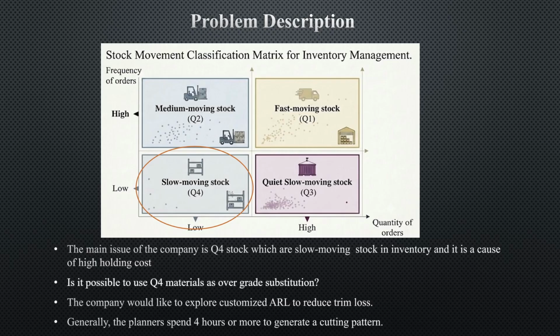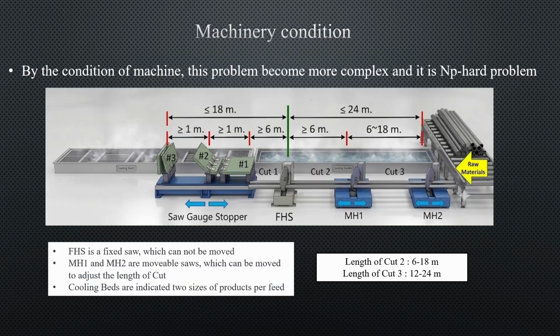Currently, planners spend 4 hours or more manually generating a single cutting pattern, which represents a substantial waste of time and operational inefficiency. The physical configuration of the cutting machine is shown on the slide, where the raw material is fed from the right-hand side until it hits the saw gate stopper.